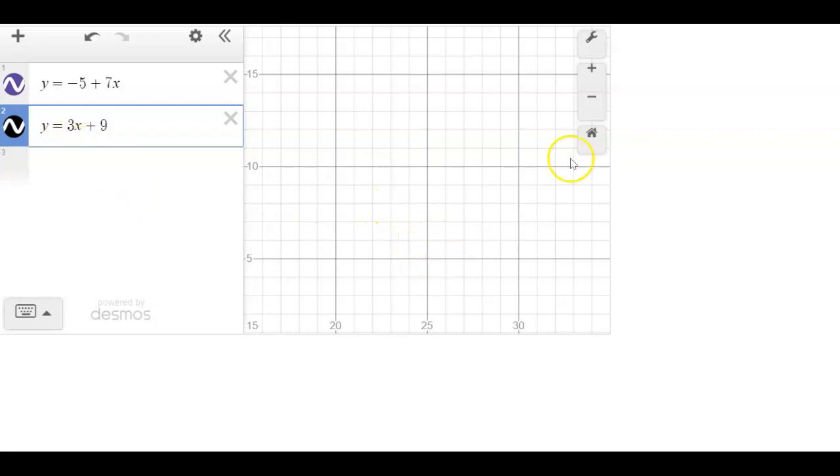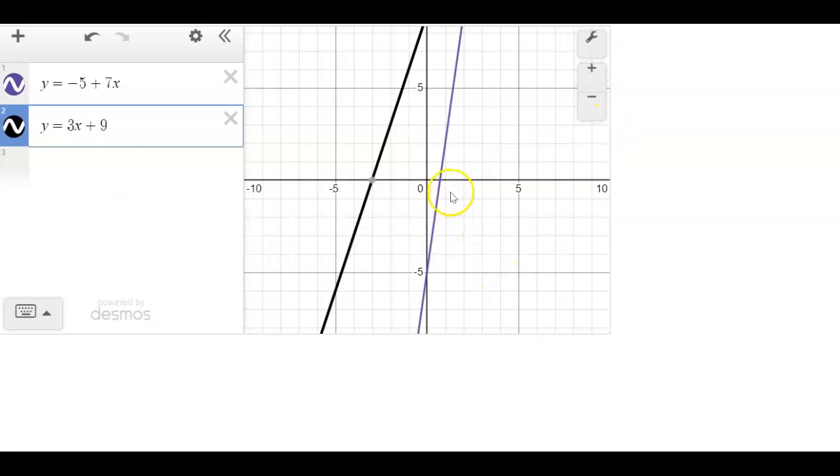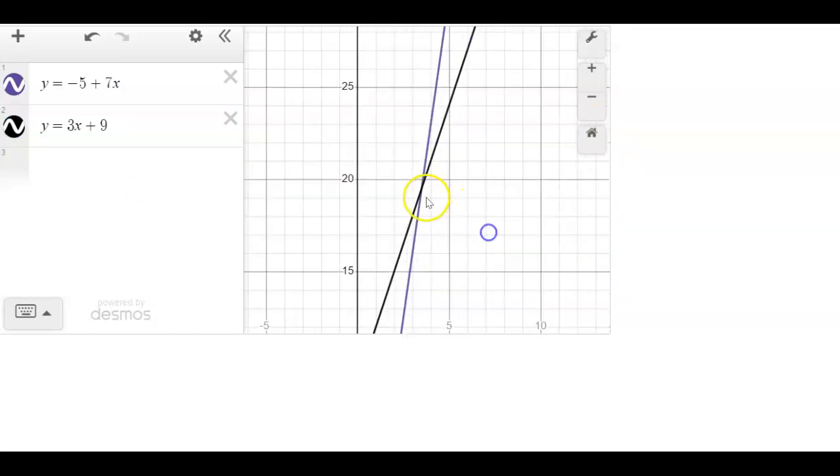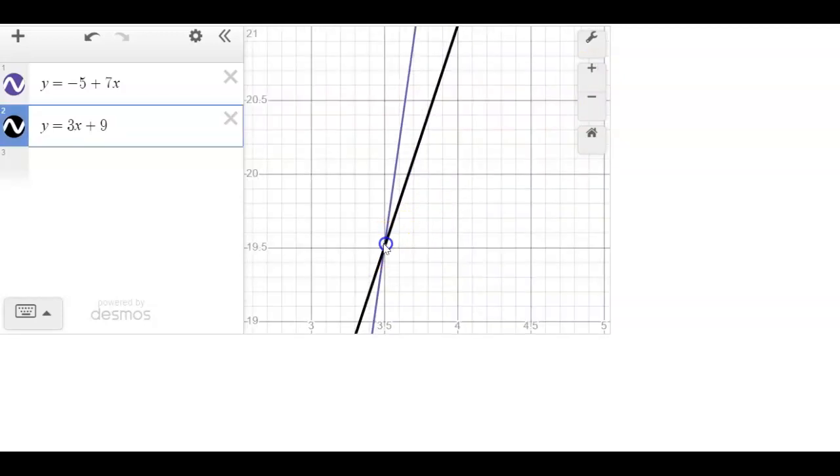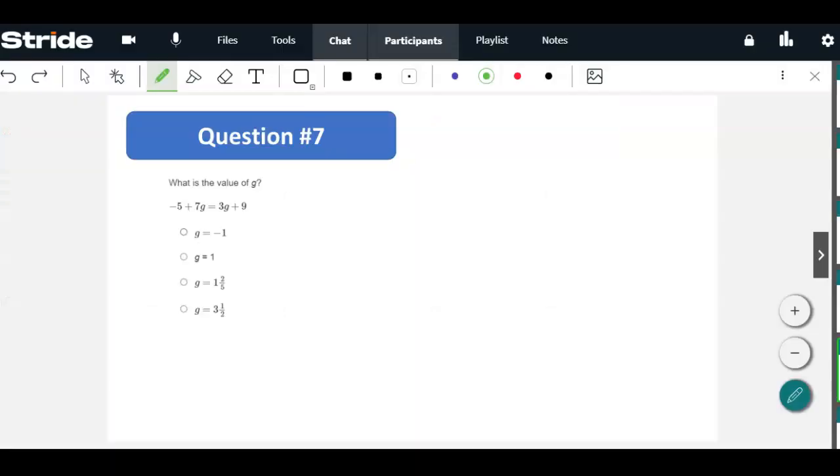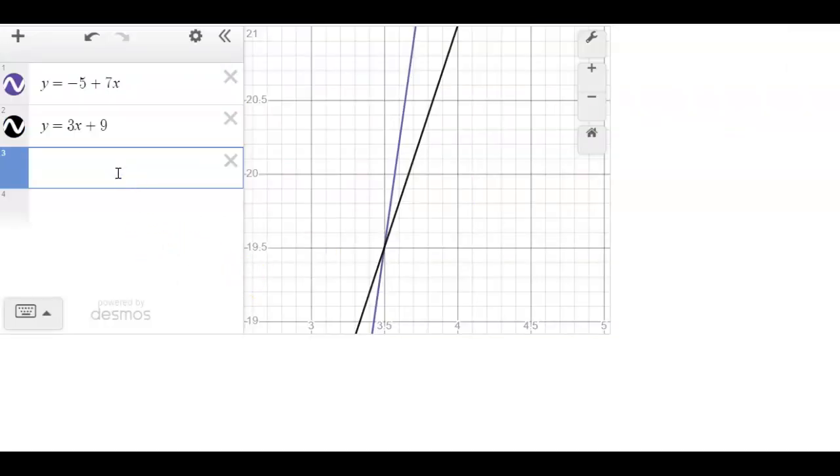Oh, so I can't see it. Let me go home and see where it's at. There we go. Remember, you may have to go home to find your intersection, and if I zoom in a little bit, it might be shown. 3.5. Okay, so let's see if that is one of the answers. 3.5 looks like a fraction. So if we put this in as 3.5, it's 7 halves.